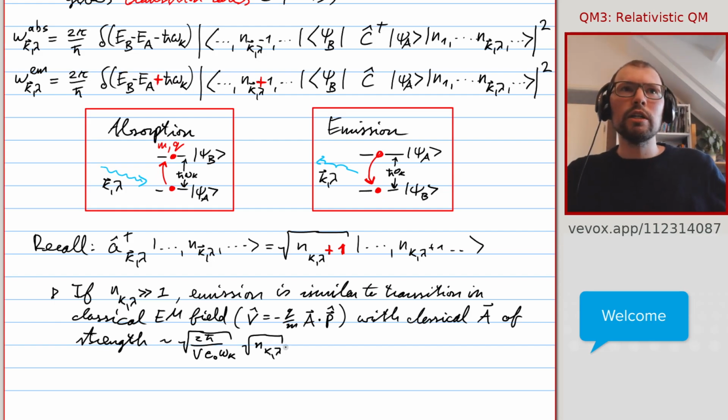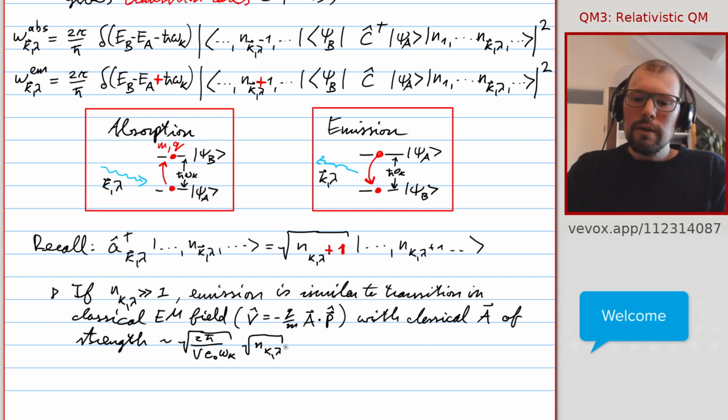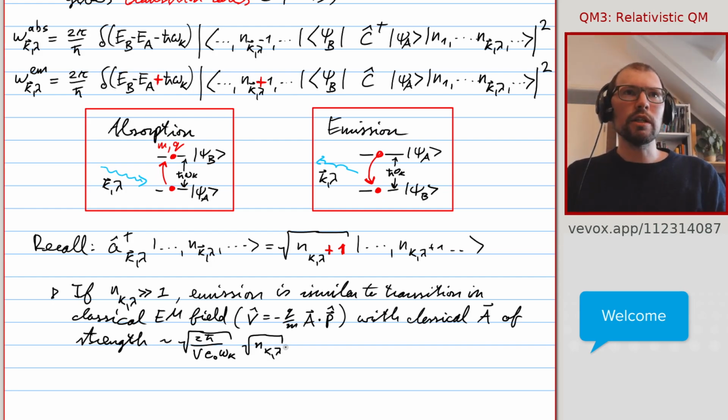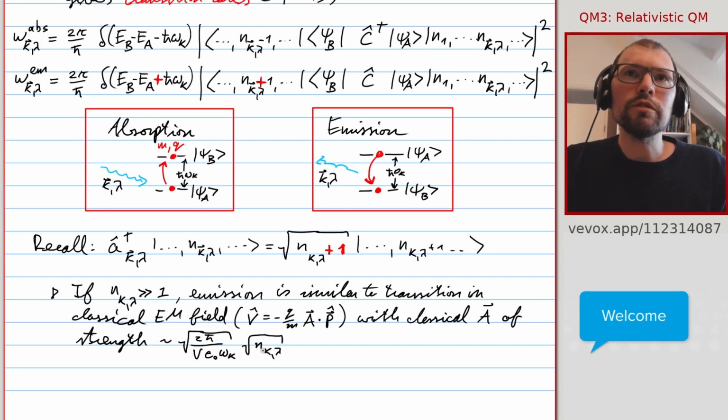So if you have many, many photons in your photon gas, then it is as if you're witnessing a classical electromagnetic field of strength equal to the square root of the number of photons that they have in this particular Fourier mode.